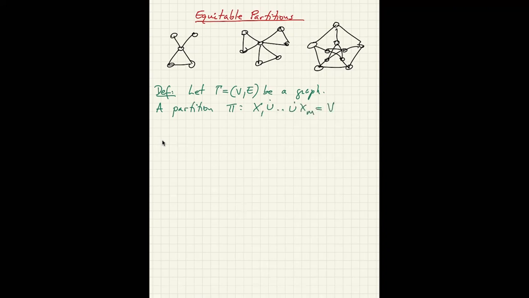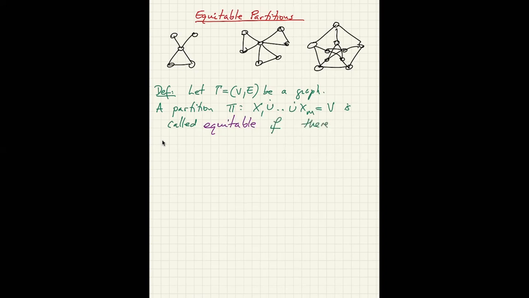I put the dot there to signify that these parts X1, X2, ..., Xm are not empty and they're disjoint, and together they form the vertex set V. It is called equitable if the following happens.